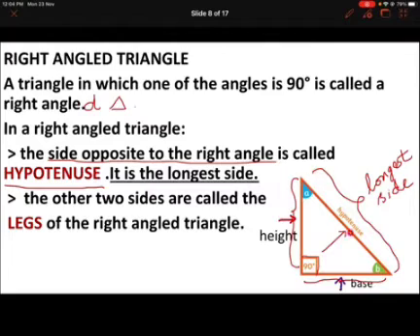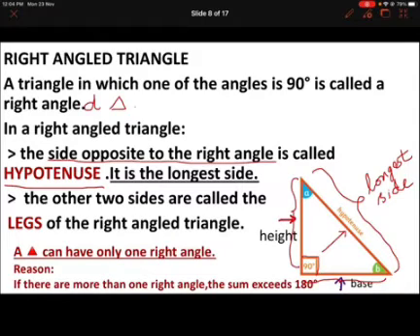In a right-angled triangle, the longest side is called the hypotenuse. The other two sides are called the legs. Depending on which side the triangle stands, one leg is called the base and the other leg is called the height. Now let's see what is so important about a right-angled triangle.